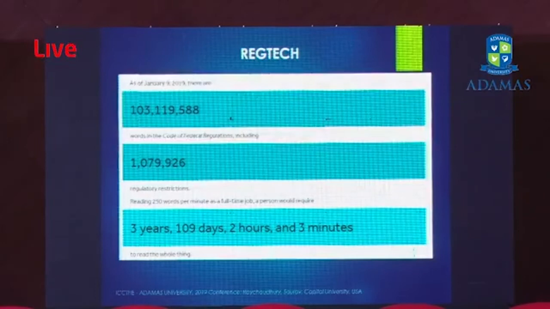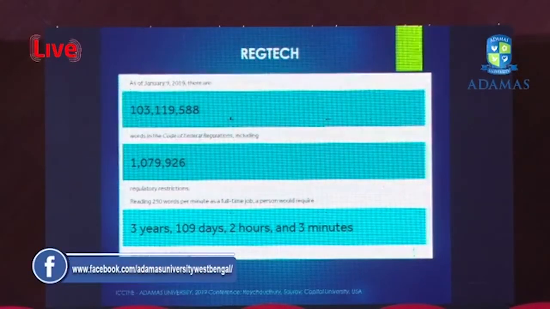But regulation, there's a lot of regulation which goes into it, and tons of regulation. And I'll give you an example of how much regulation, just the federal regulation, there is. So for example, as of January 9, 2019, again, it uses machine learning and what is called NLP, natural language processing techniques. So it looks at words like must, have, restrictions which prevent, said, should, must, and looks at how many restrictions are there.